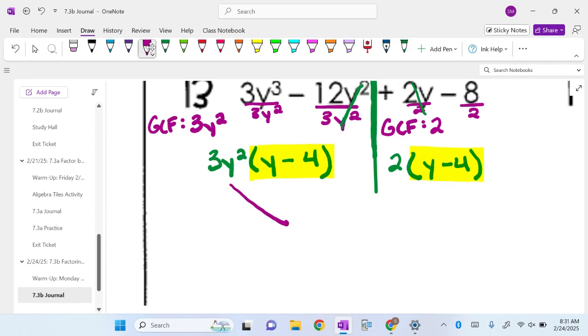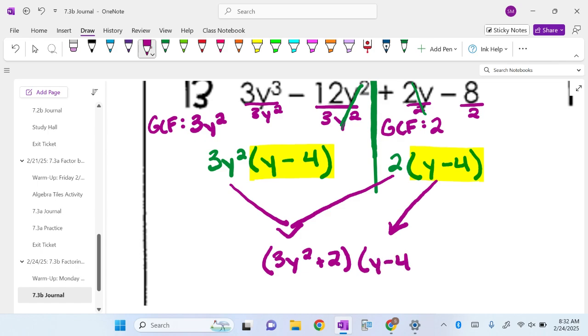So I'm going to bring down my two GCFs into one bubble. So this will be what? If I bring down the two GCFs? 3y squared plus 2. That's my first factor. And then I bring down one of my bubbles. It doesn't matter which one because they're the exact same, which would be y minus 4. And then we're done.